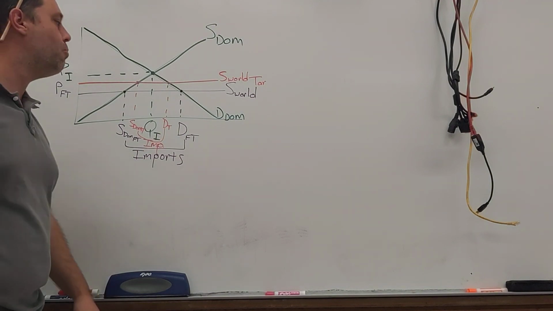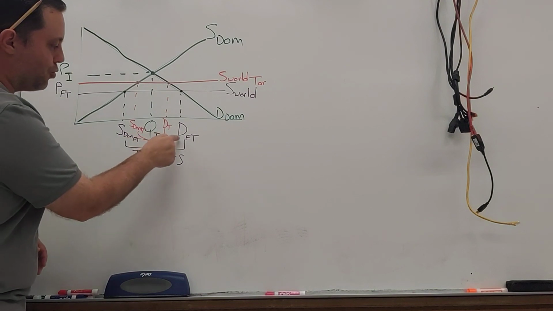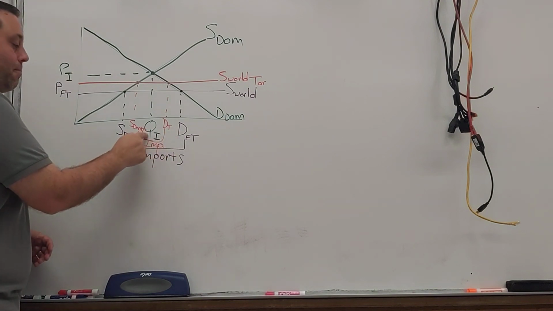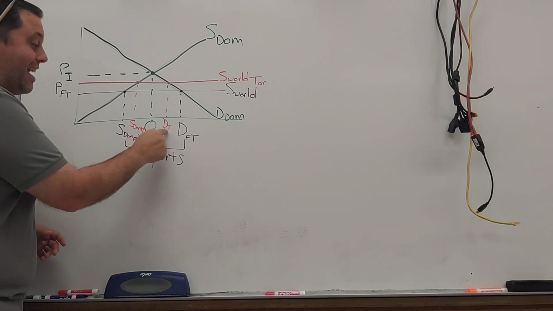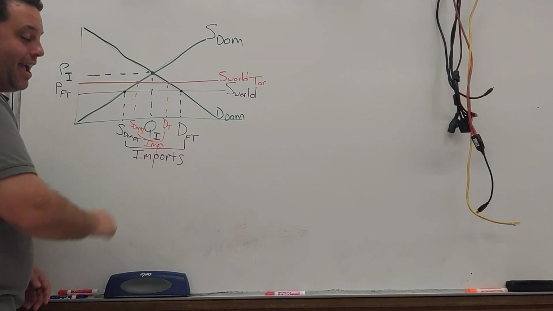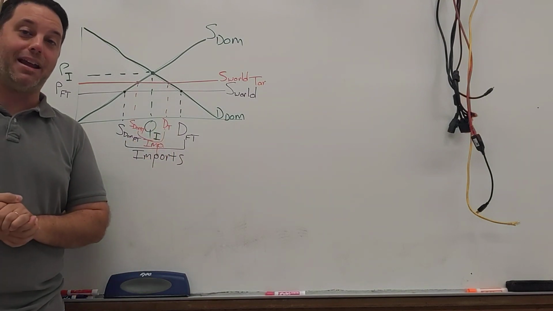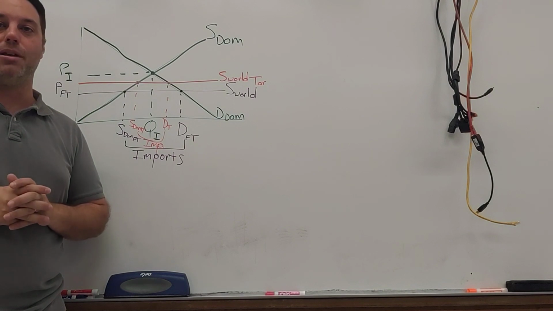We get so many more of those jobs now because look how much greater demand there is than both when we were in isolation and even above that when we have a tariff. So depending on your perspective, you can look at this from either way.